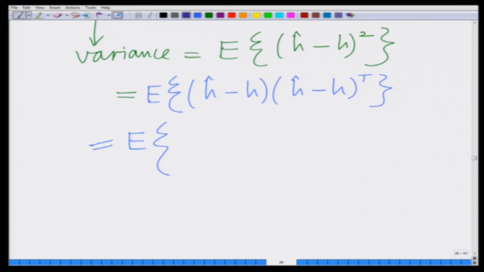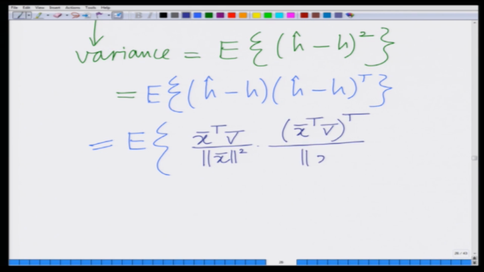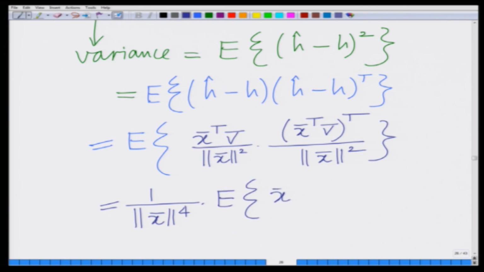You can see H hat minus H is x bar transpose V bar divided by norm x bar square, times x bar transpose V bar transpose divided by norm x bar square, which is equal to, now bringing the norm x bar squares outside, 1 over norm x bar to the power 4, expected value of x bar transpose V bar times x bar transpose V bar transpose, which is V bar transpose x bar.